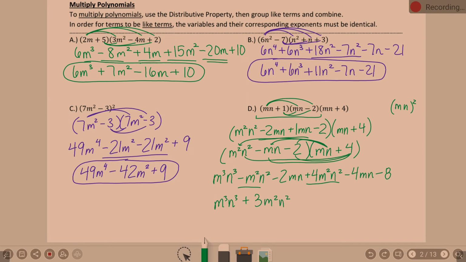Minus 2mn minus 4mn is minus 6mn. And don't forget the minus 8.